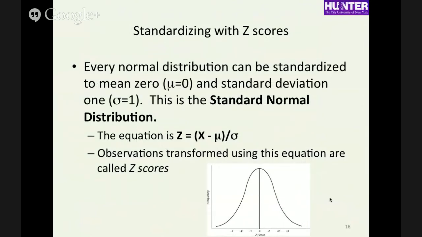So it represents a continuous random variable, e.g. BMI, weight, that sort of thing. Oh, thank you. Okay.